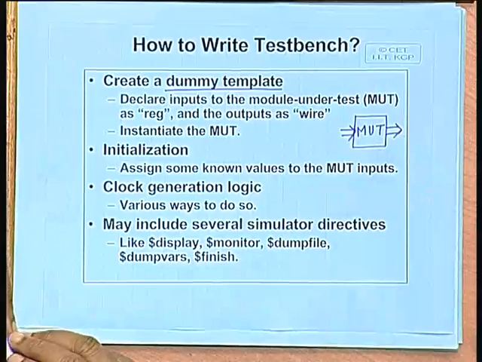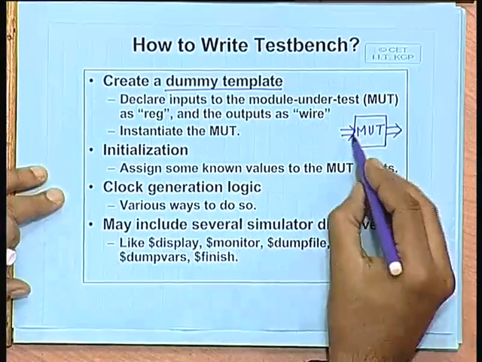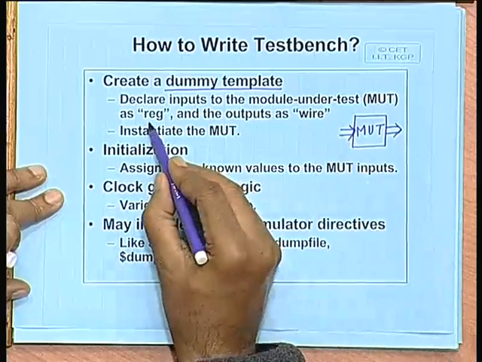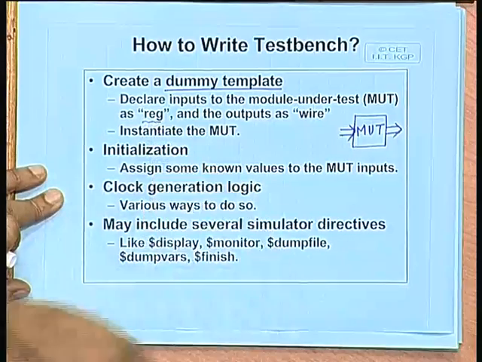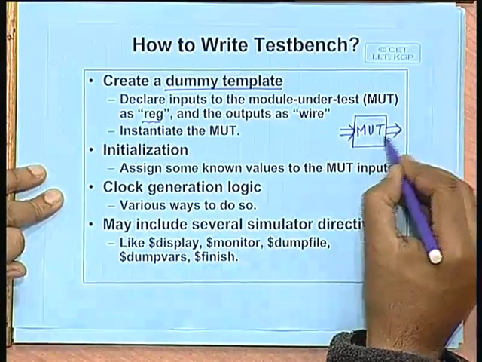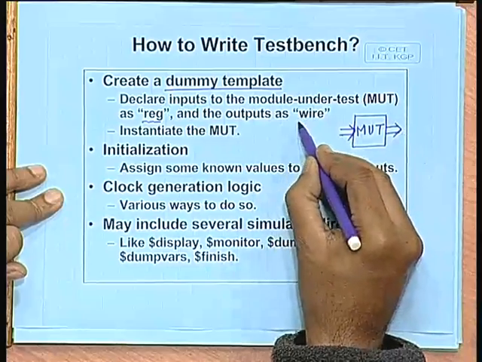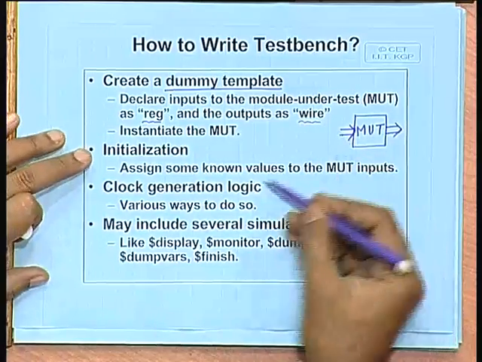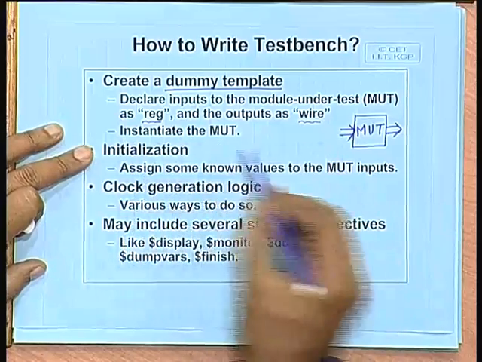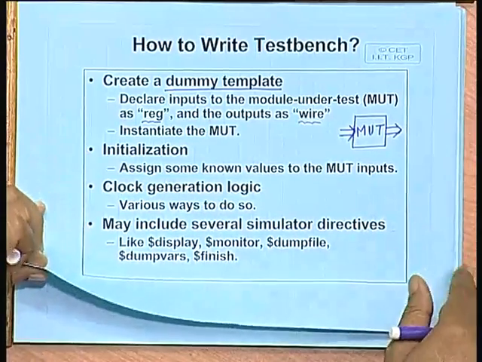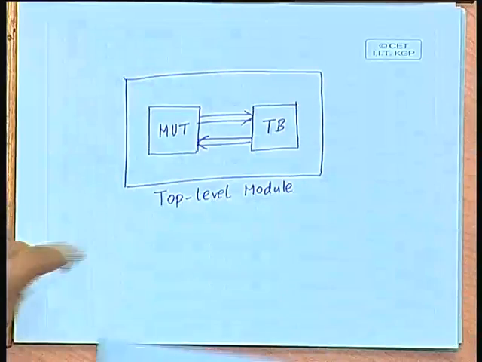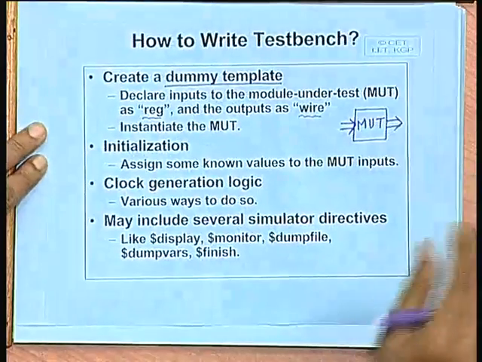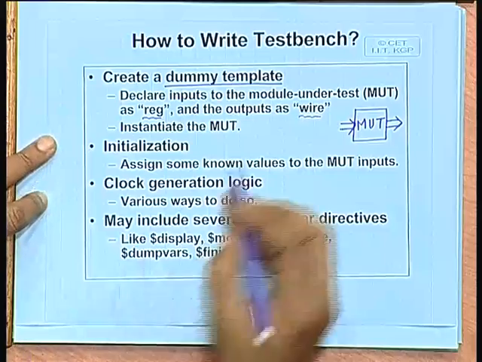Now in this dummy template, all the inputs which are coming to the MUT, you declare them as reg type variables, and the outputs, you declare them as wire type variables, right. Second, you instantiate the MUT as I had just shown in the previous diagram. You have to instantiate the MUT as well as the TB. So you instantiate the MUT.